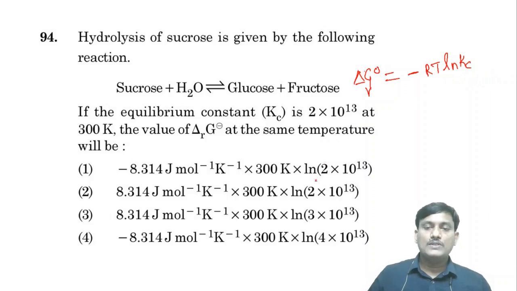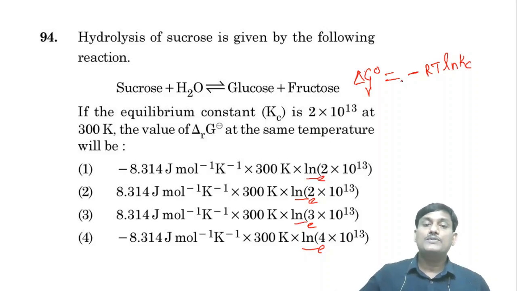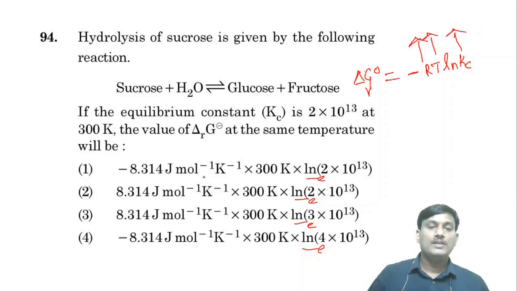Here in options you can find ln. ln means the base is e. In all these cases, the base is e, so there is no need of writing 2.303. So here you have to substitute the R value, the temperature value and the Kc value. What is the R value in joules per mole? 8.314.